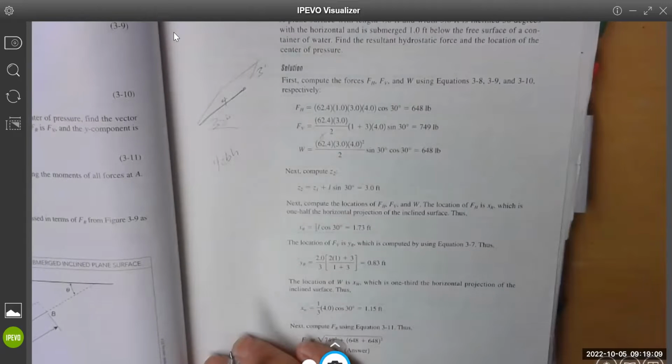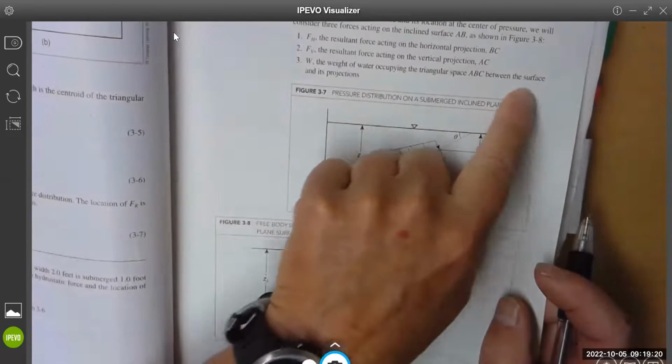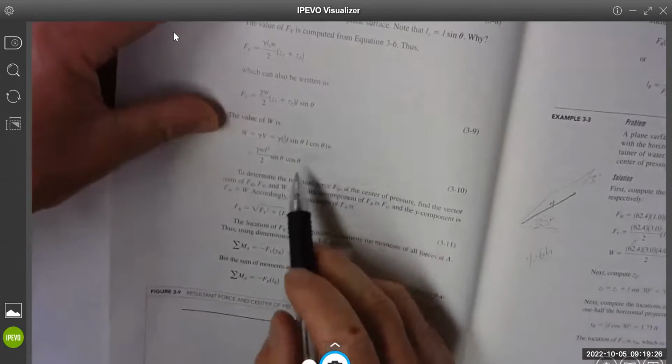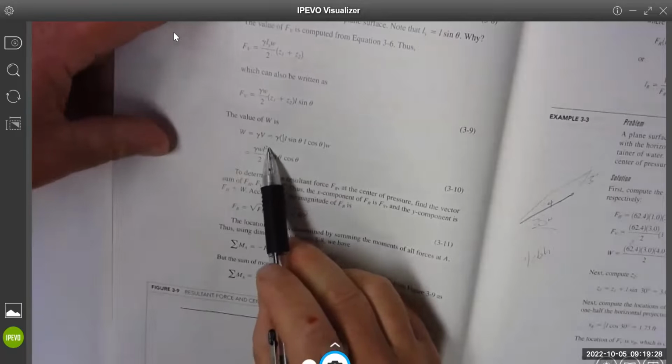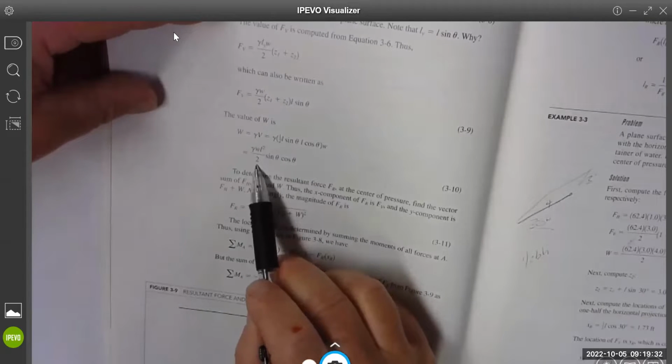Did they square the 4 because both the base and height are 4? Well, they square it because of this formula to the left, but that's different than this statement, that's for sure. They give the equation here for W and they square L. So they say specific weight times the width times L squared over 2.